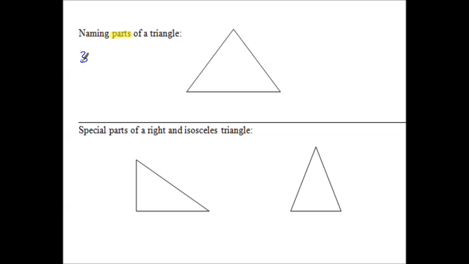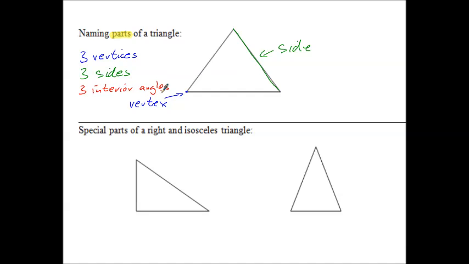A triangle has 3 vertices. This point down here is a vertex. Triangles have 3 vertices. A triangle also has 3 sides. This, for example, is a side. And a triangle has 3 interior angles. Interior angles, and you'll see in a minute why I'm saying this.